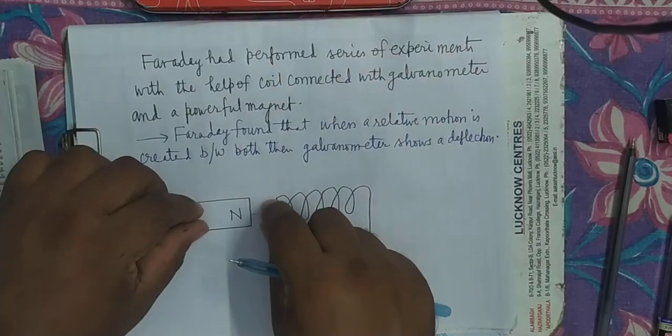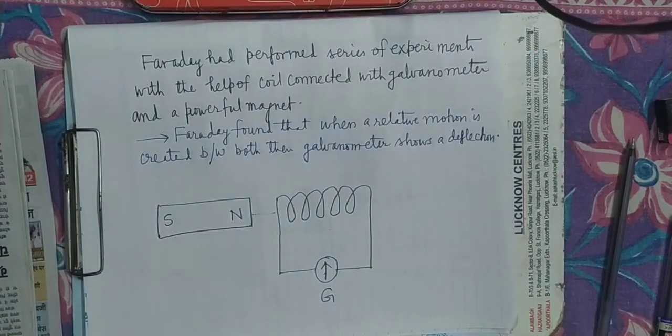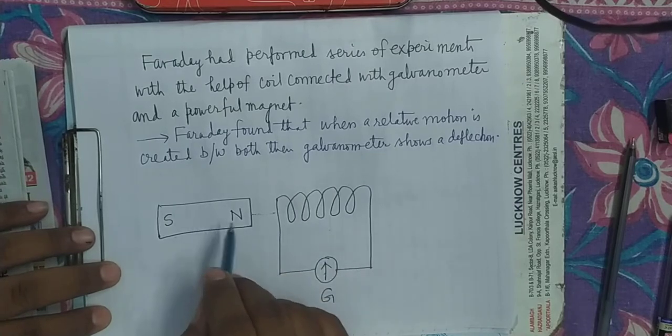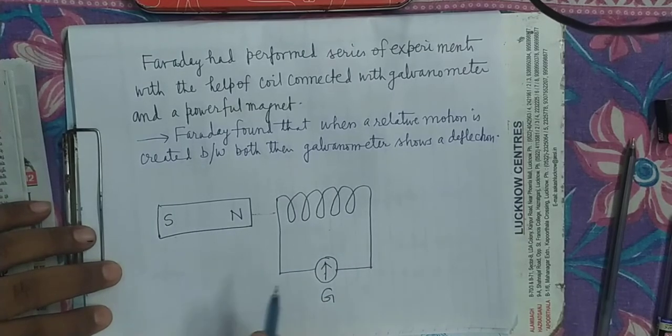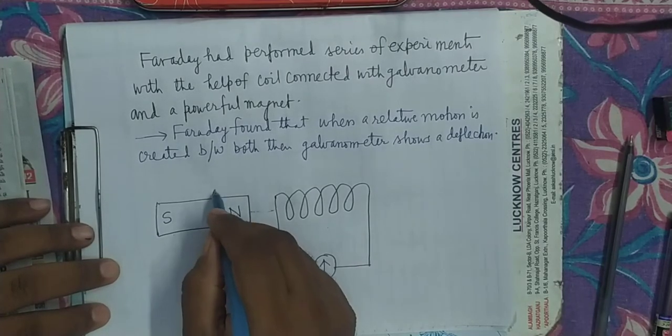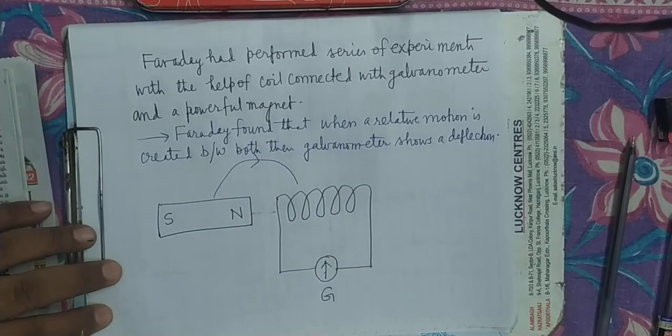But when both are moved with the same speed in the same direction, there is no relative motion. So Faraday had found that when a relative motion is created between both, then the galvanometer shows the deflection. Galvanometer is showing the deflection, therefore there must be some current. So from here he had concluded that because of the relative motion, a current is induced.